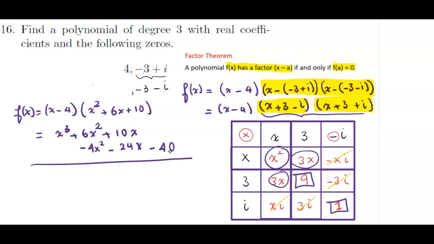Then we add this vertically, so your function f of x is going to be equal to x cubed, 6 minus 4 is going to be 2x squared, 10 minus 24 is going to be minus 14x... correction: minus 14x is not stated; as said, minus 12x, and then minus 40. And this is it, guys.